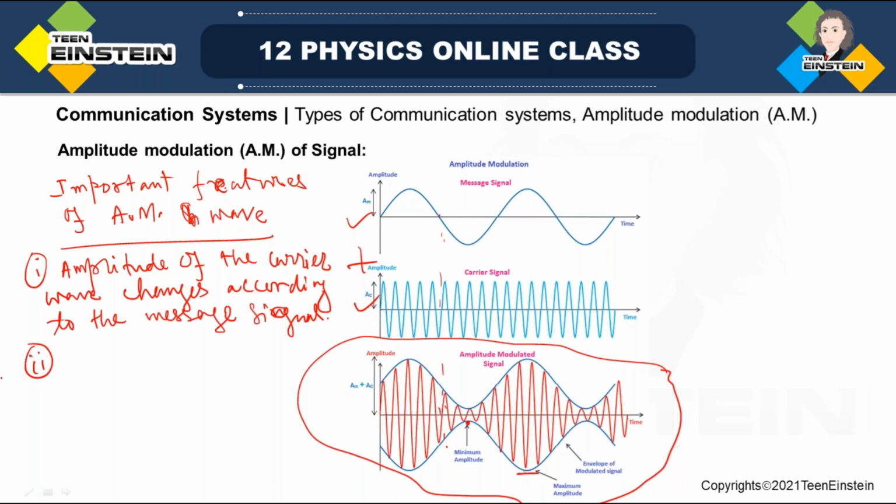The second feature is that the amplitude of the carrier wave changes at the frequency fm of the modulating signal.